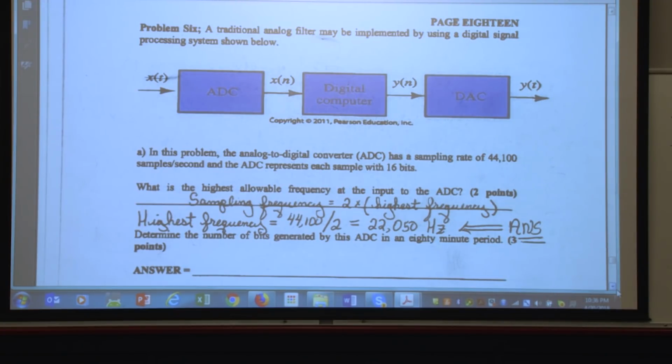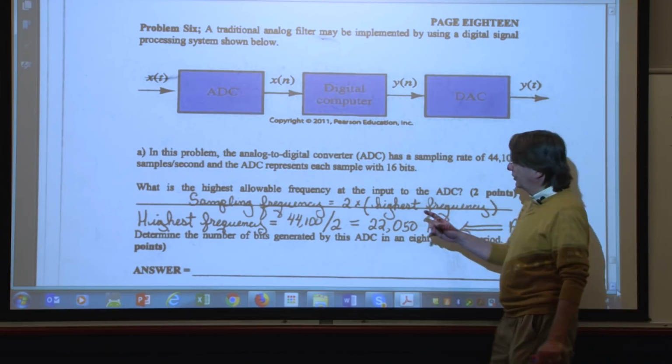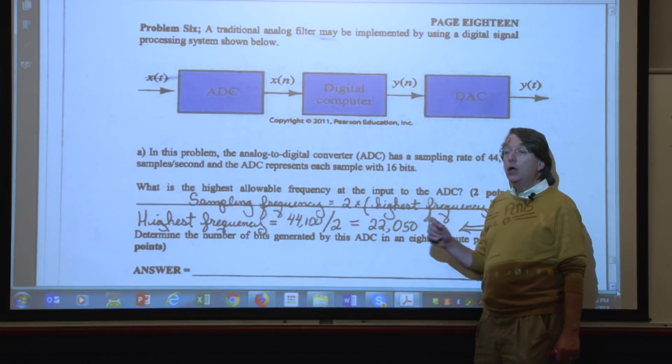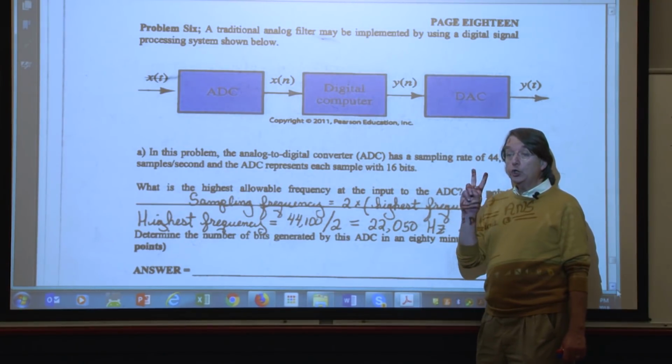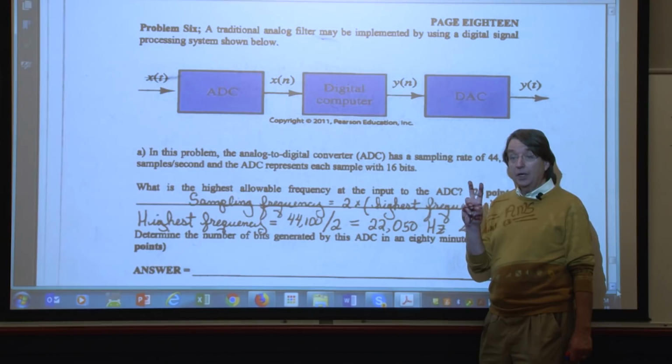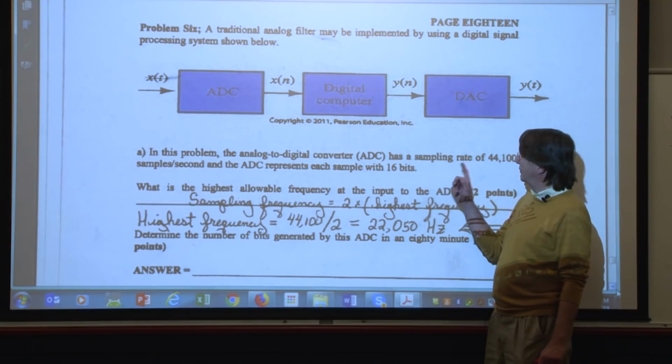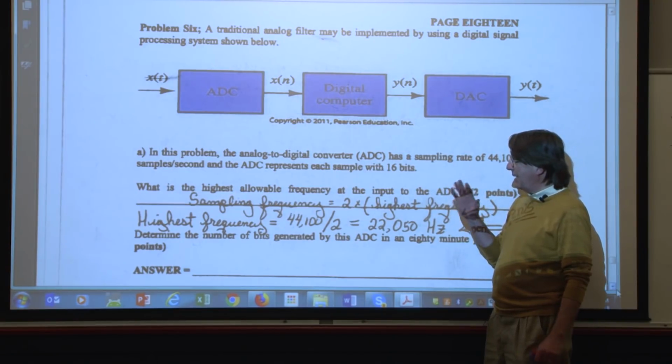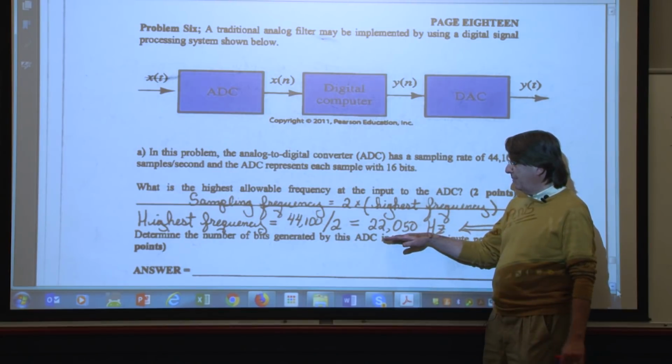What is the maximum possible frequency at the input to the A to D converter? What's the highest it can be and we can still say we're sampling correctly? Remember the theorem, 2 times the highest frequency. So Parker, 44,100 samples a second. That means the absolute highest it can be is 22,050.